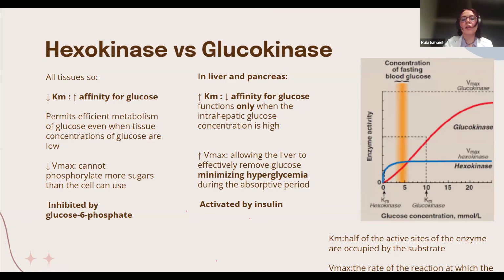That's Km. And you can deduce Km by going to Vmax and then going to half, 50, and going down. So that's the Km. Does that make sense? Am I good to move on?